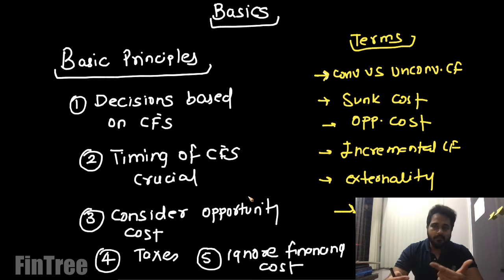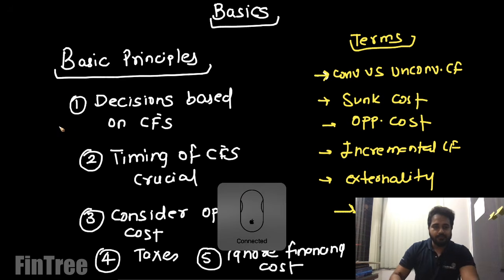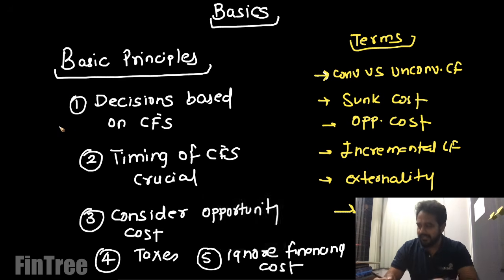These principles were a part of your Level 1 curriculum, but I'll still do a super quick revision of them. The first principle says that decisions are based on the cash flows. What do you mean by that? In general, we finance people always keep on talking about profitability, right? Profits. But you don't want to take a decision based on profitability.